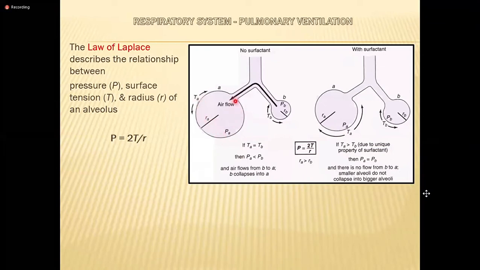TA, this alveolus, is equal to TB. But since B is smaller, what happens? The pressure here is increased. And the air here will flow from A to B. And B will collapse.